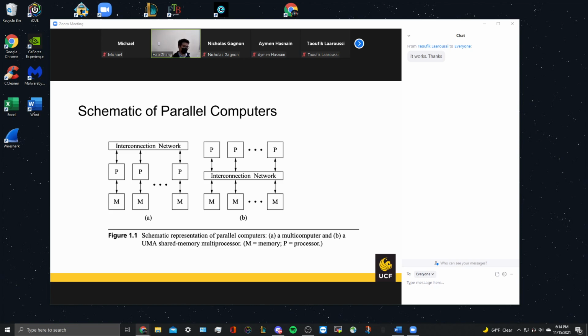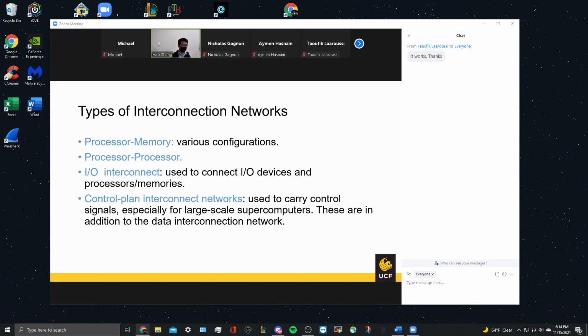If you say only one core is sufficient, then you can just get rid of the interconnection network. But if we have multiple cores and many memory modules, we should use the interconnection network to connect these components as a whole system. So this is a critical part of that.